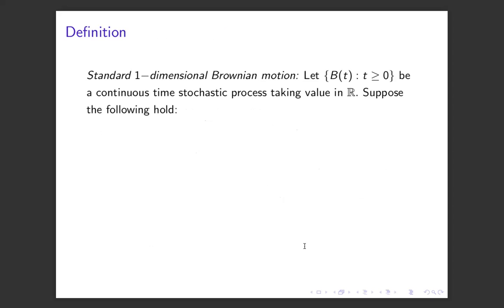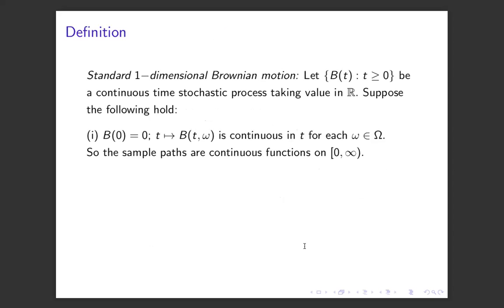So Bt is a continuous time stochastic process taking value in R. Suppose the following conditions hold. The starting point is 0, B0 is 0, and t going to Bt(omega) is a continuous function in t for every omega in capital Omega.